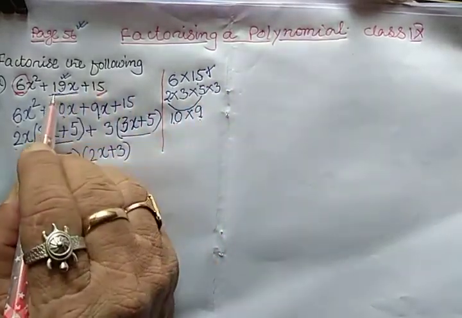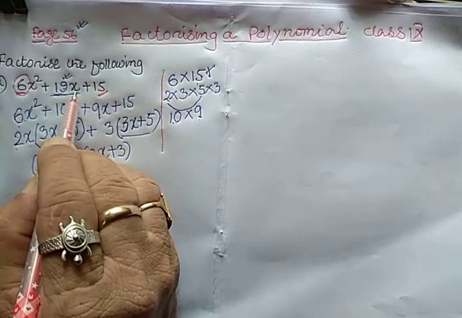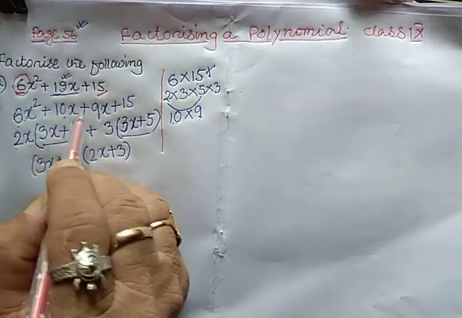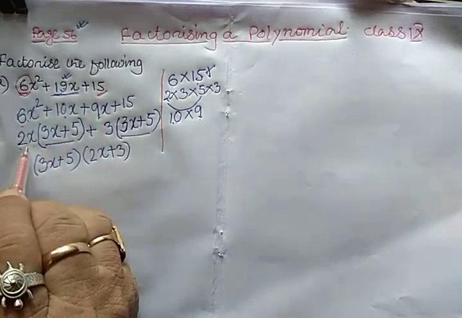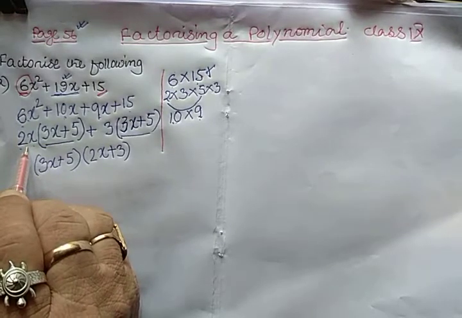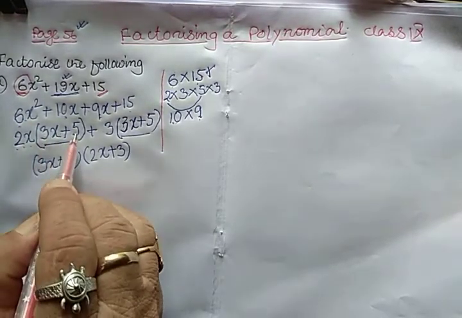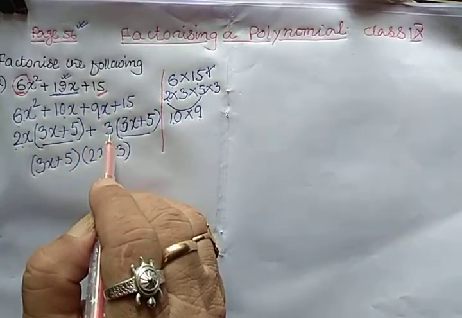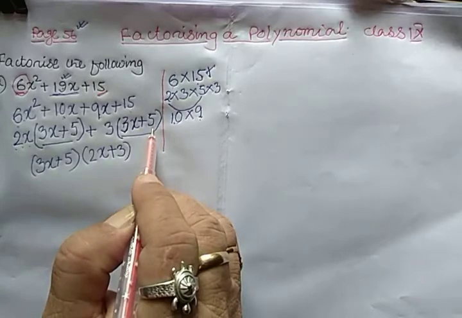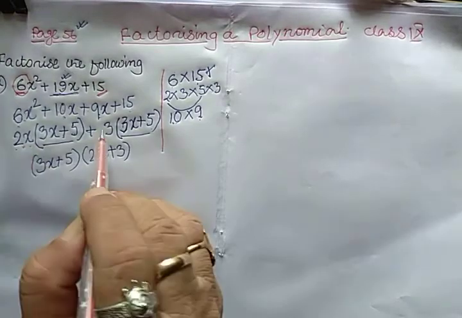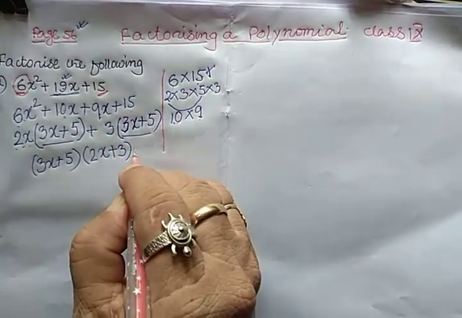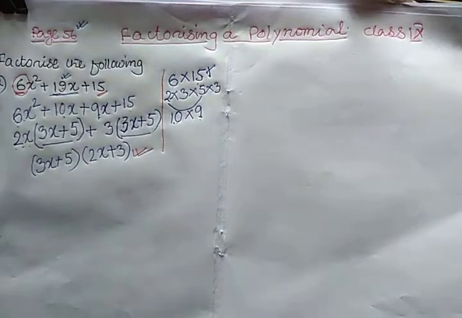So I broke this 19x into 10x plus 9x. From these two I have taken 2x common, and I got 3x plus 5. From these two I took 3 common, so in the bracket I got 3x plus 5. So 3x plus 5 common I have taken. Here 2x and here plus 3. So like this we can find the factors of a given polynomial.